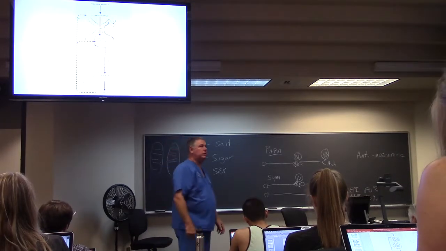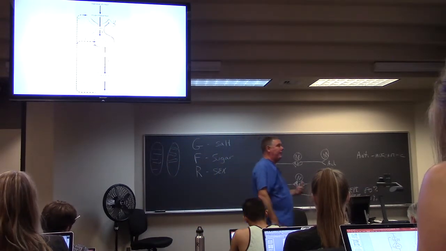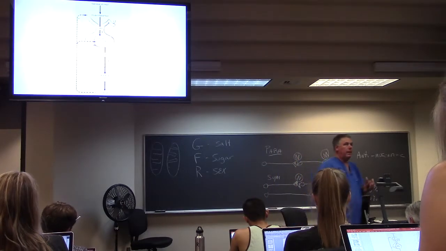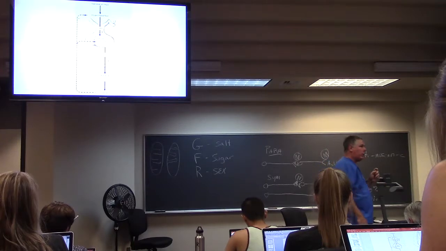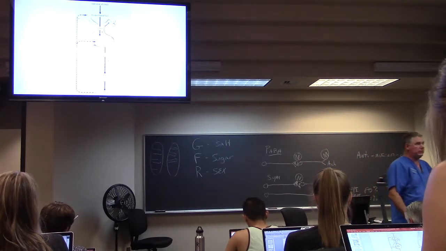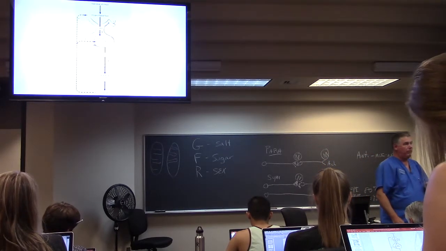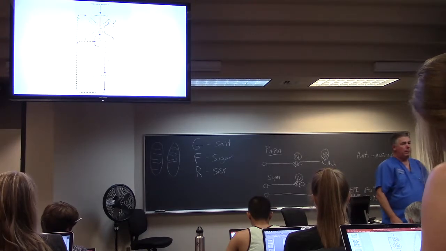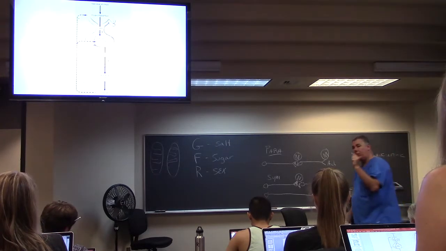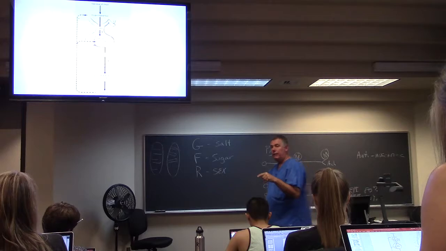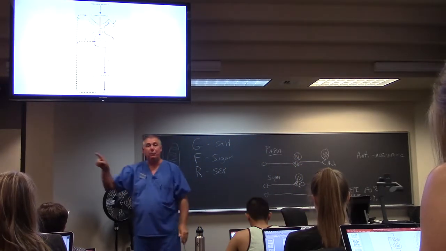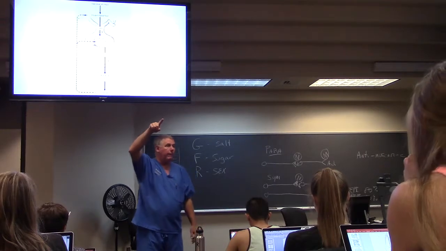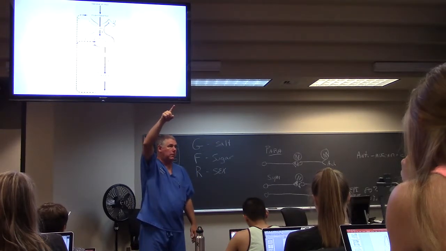That induces the release of ACTH by the anterior pituitary at around 5:45 a.m. The ACTH is going to the adrenal cortex. It's going to cause a production of cortisol. So you're going to have a spike in cortisol at 5:48.